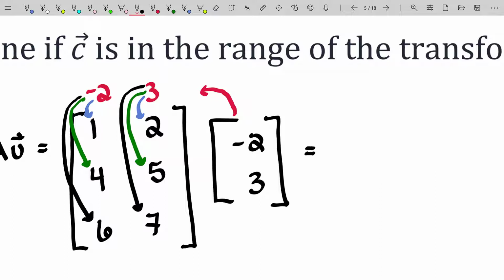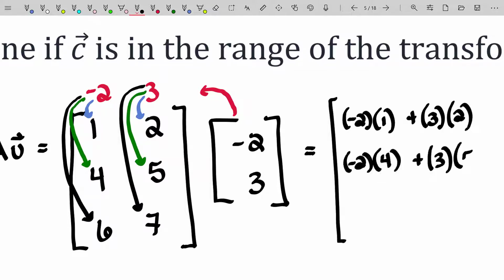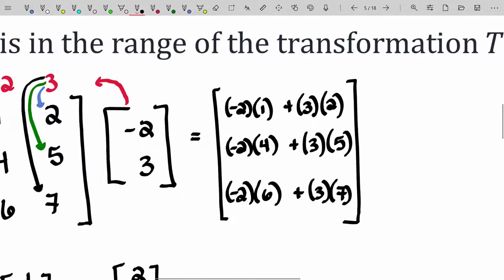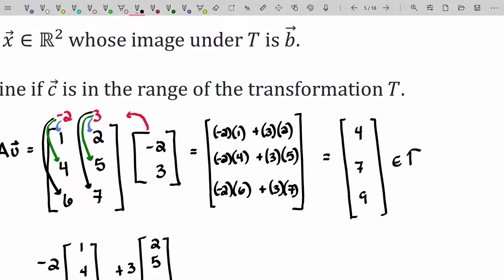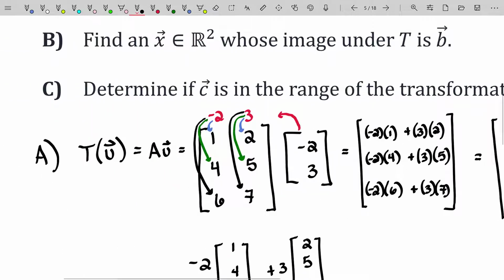Again, I have a video on it, and I think it's in the Computation of AX video, but I'm not 100% sure about that. Anyhow, in any case, you get down to this guy right here, and performing the arithmetic now, we get the three-dimensional vector 4, 7, 9. Remember, we plugged in a vector that was in R squared.